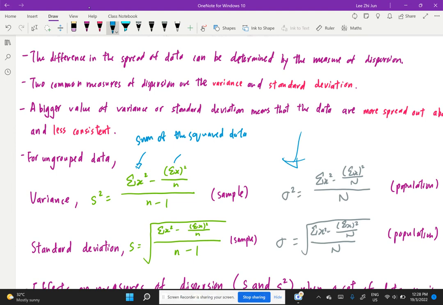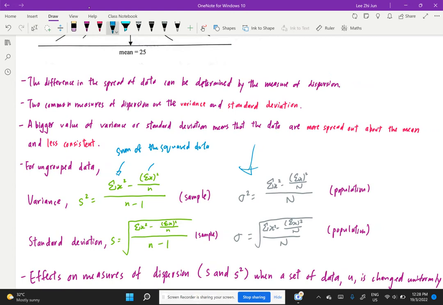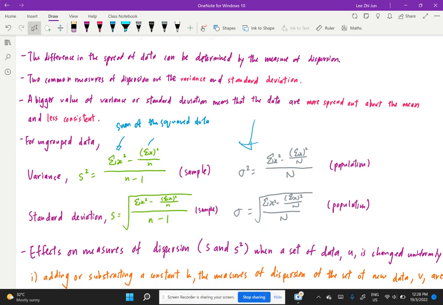For the sample, we need to minus 1. And the standard deviation, just square root it. So usually we use this green color.